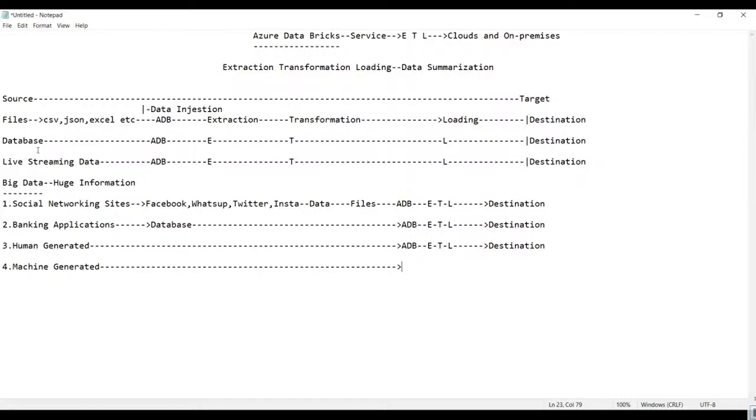Live streaming is a process where you get the live data. Then the ADB again, the same process, ETL. Ultimately, from here, the data will be sent to the destination.